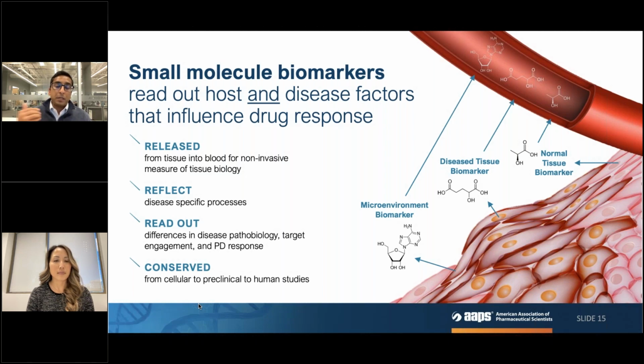What this means is we can non-invasively measure these within blood samples, and they provide a reflection of what's actually occurring at the level of the tissue across the body in a holistic view. They read out different disease pathologies. These markers can be used to read out target engagement and even pharmacodynamic response. As many of you know, these small molecule biomarkers are among the most ancient of factors in our blood, certainly evolved to a far greater degree than proteins or genetic markers. And because of that, they're highly conserved down to preclinical models and even cellular studies.